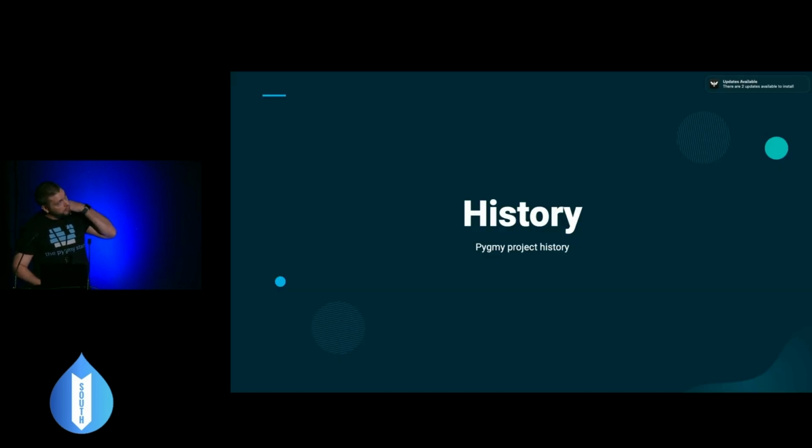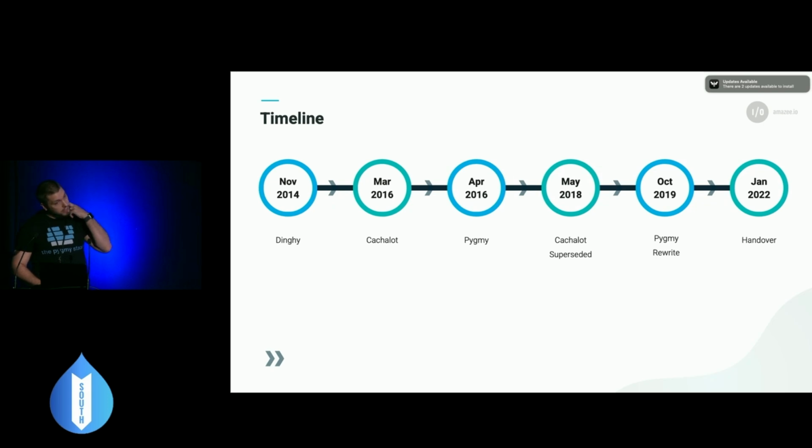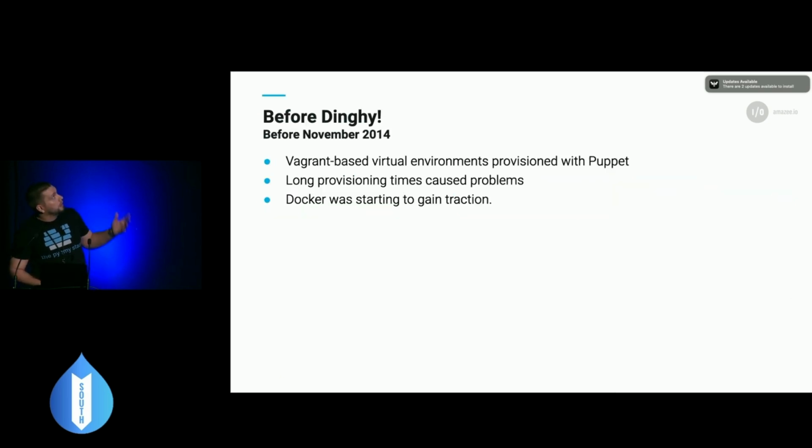Looking at the history, we started with Dinghy in 2014, as the Git commit history has told me. But out of it, we spawned Cachalot and then onto Pygmy. And these are the things I'll be going into next. So at Amazee, there was a Vagrant-based system using Puppet. This had issues with time and, again, maintenance.